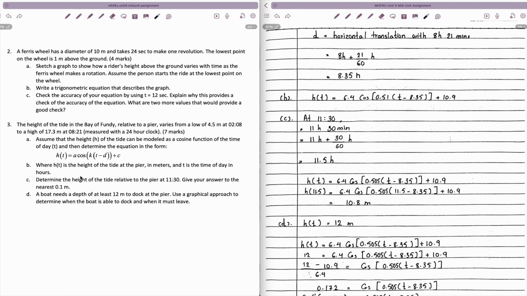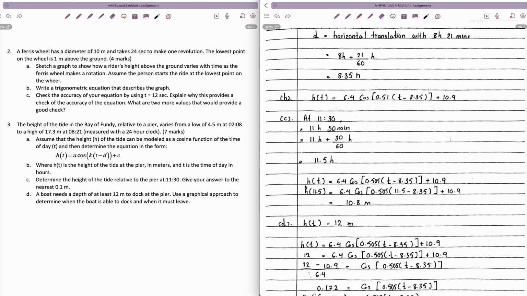For number C, determine the height of the tide relative to the pier at 11:30 and give your answer to the nearest 0.1 meter. At 11 hours 30 minutes, we convert the minutes to hours, so we get 11.5 hours.